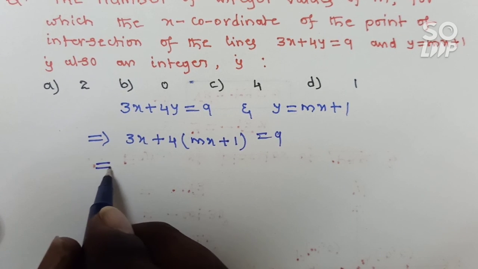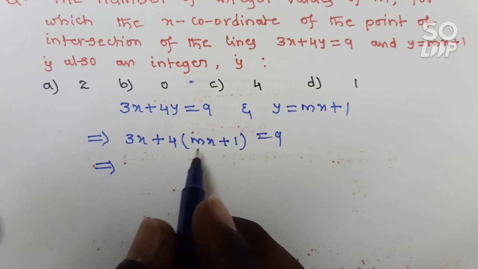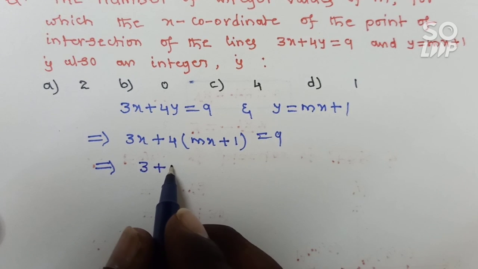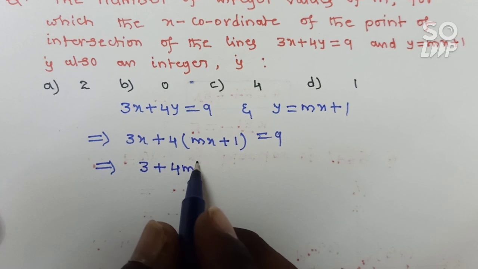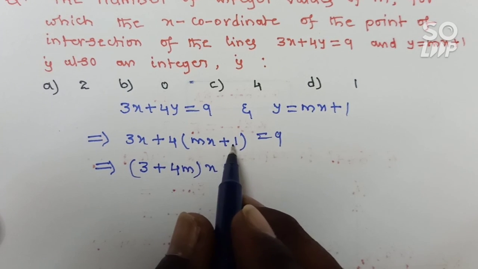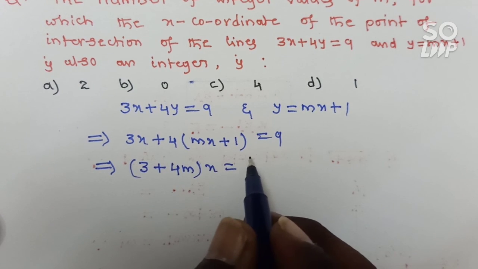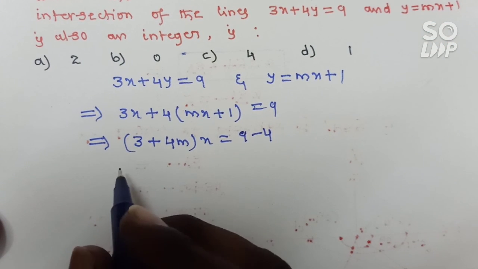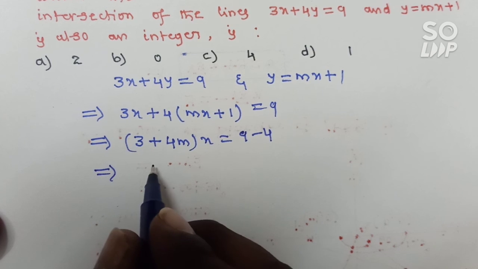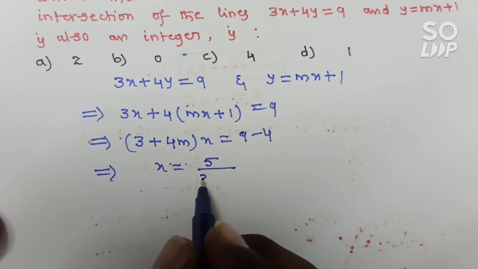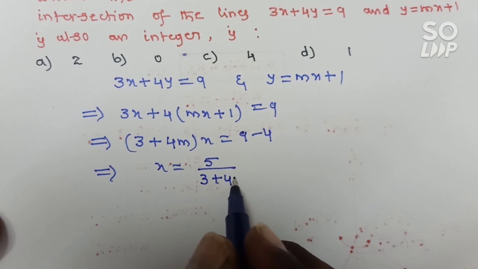That implies 3x plus 4mx, you take x as common, so (3 plus 4m) into x is equal to 9 minus 4, which is 5. So x is equal to 5 by (3 plus 4m).